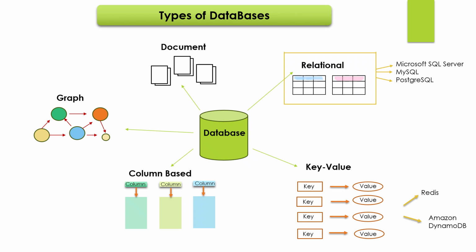For the column-based databases, the examples are Apache Cassandra and Amazon Redshift, and for the graph, Neo4j. And for the document, one of the most famous examples is MongoDB.